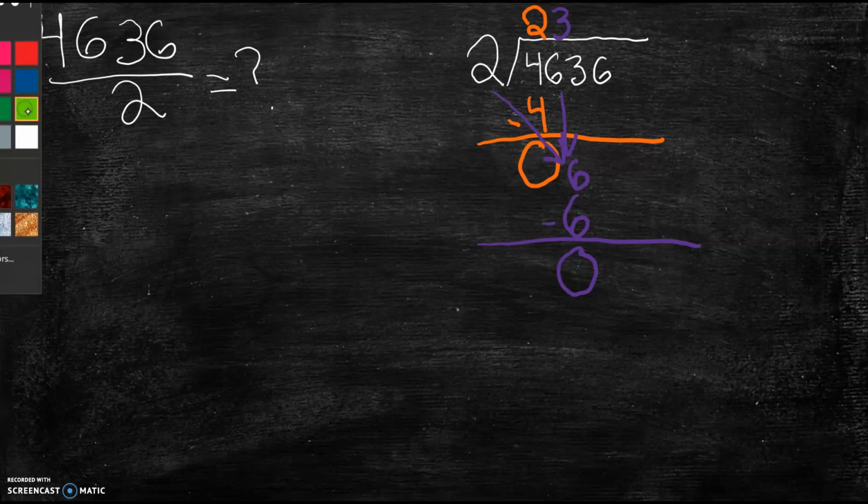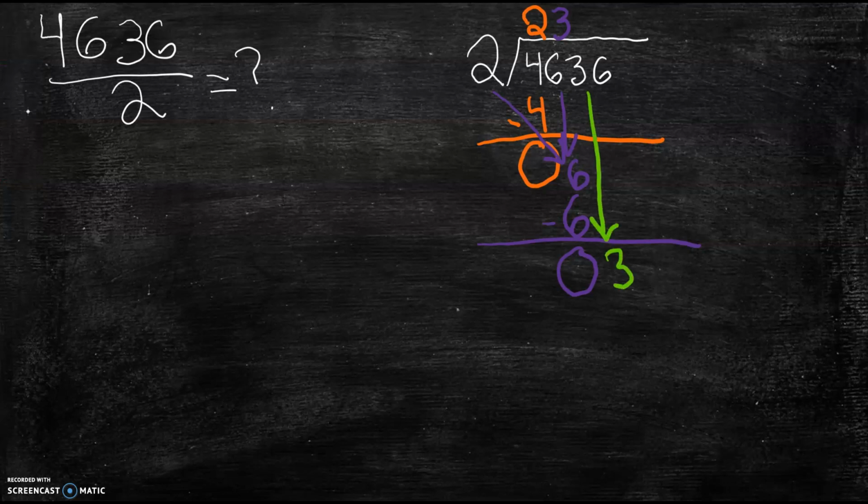All right, time to bring that pesky number 3 down. All right, so how many times does the number 2 go into the number 3? Right, only once. But do you remember what happens? When we go to subtract, we have 1 left over. But remember, that's okay. We don't mind.